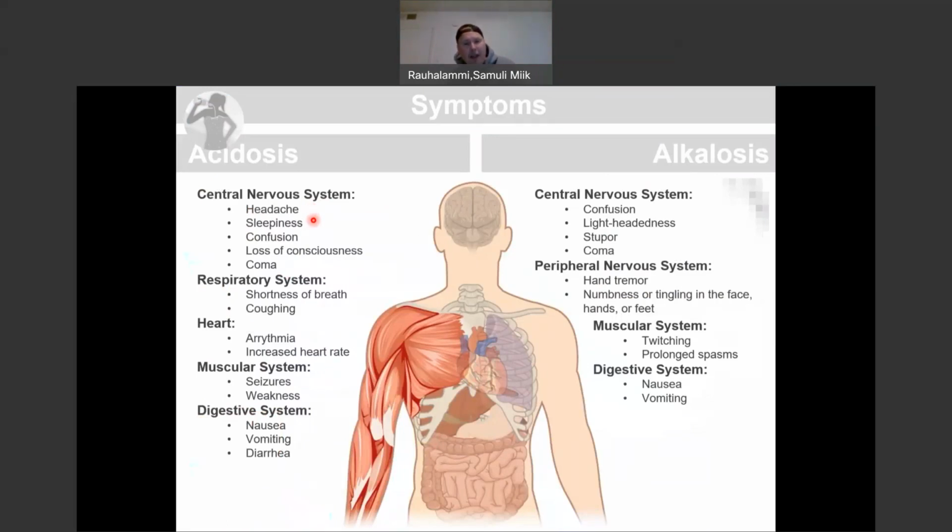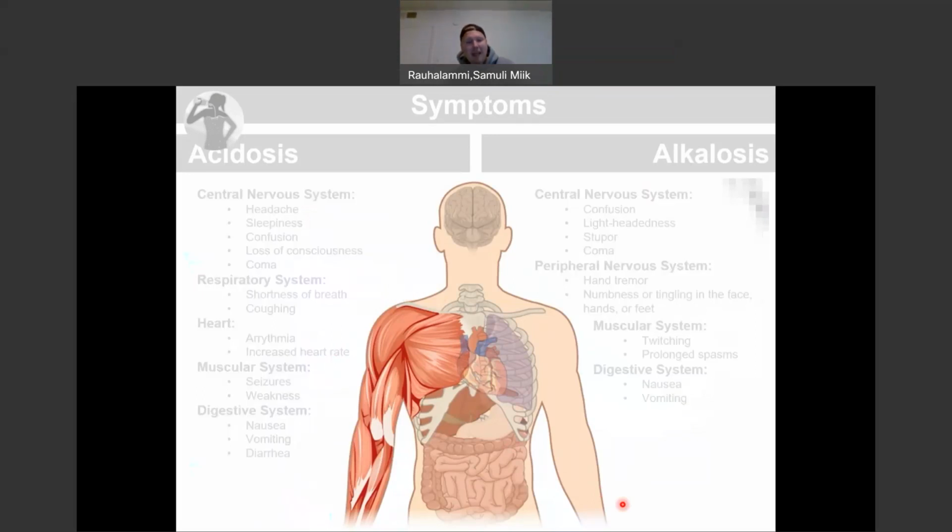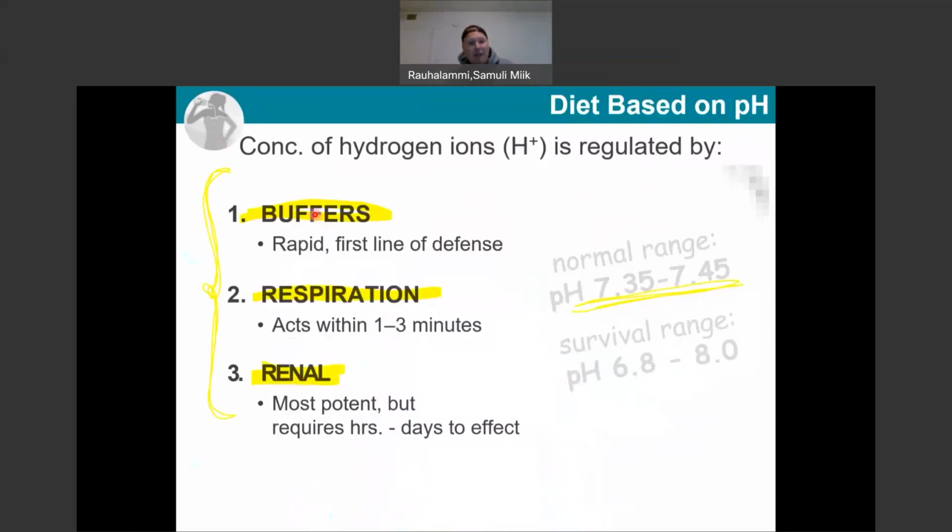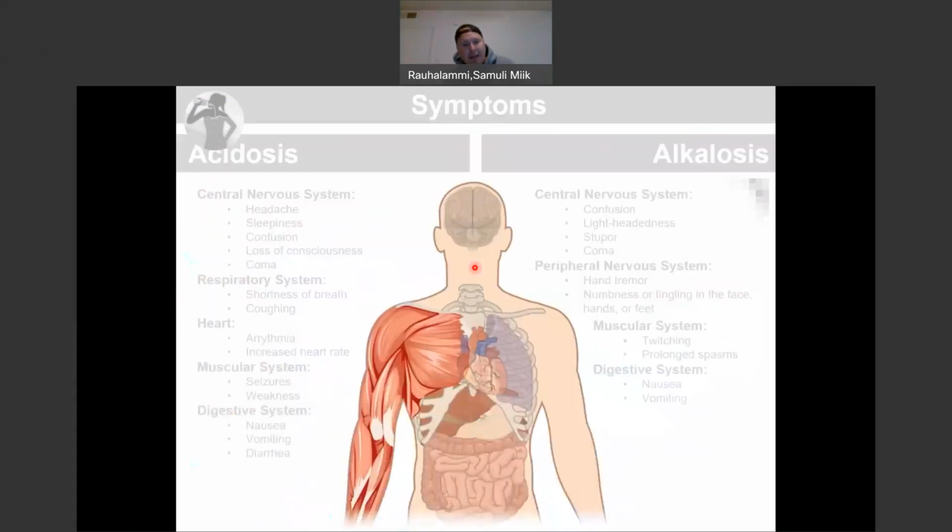There's a lot of things that can go wrong when the body pH is not where it should be. So I really just wanted to highlight that this is a serious issue. And that's why we have these amazing response mechanisms, the buffers, respiration, and renal mechanism to maintain our body pH where it needs to be.